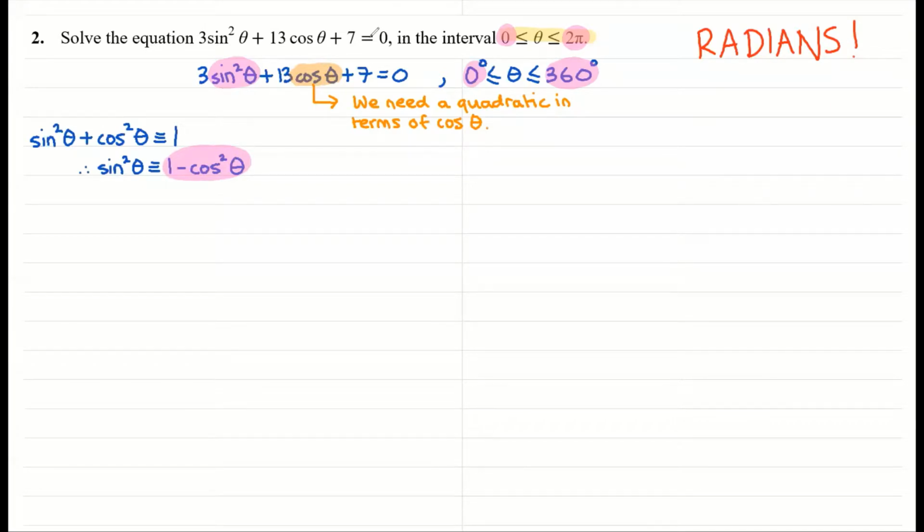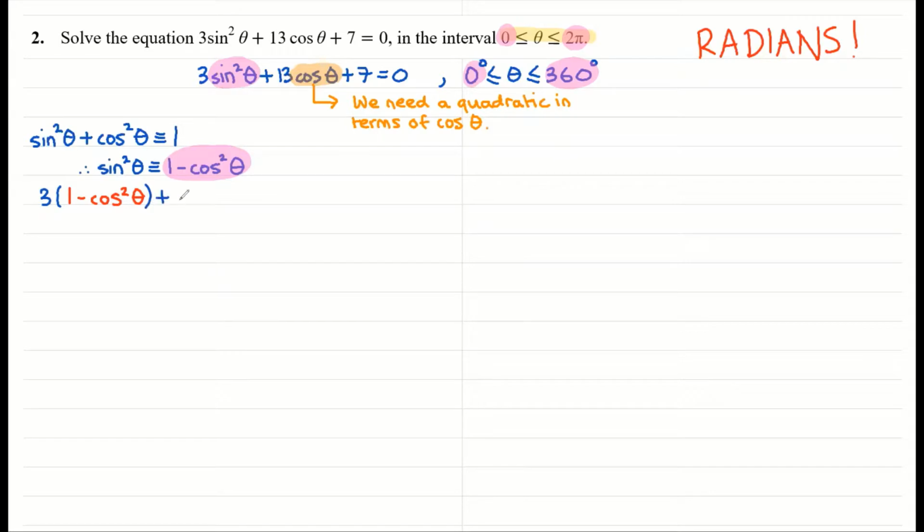So let's rewrite the equation. We're going to have 3 open bracket, and I'll write it in red so we can see the substitution, 1 subtract cos squared theta, close the bracket. Then everything else remains the same.